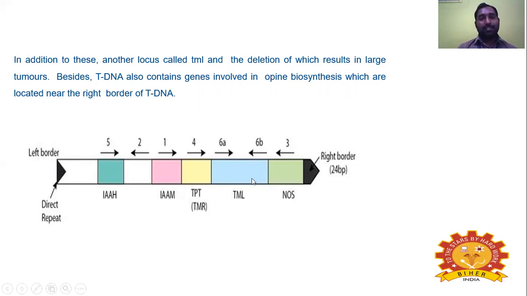So this is the particular gene responsible, because the size of this gene is pretty large compared with the other two important genes. So this can easily produce a very large tumor. Here you can see the IAAH and IAAM, and IPT is the tumor-releasing gene.